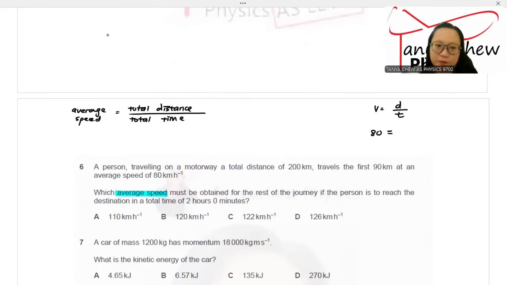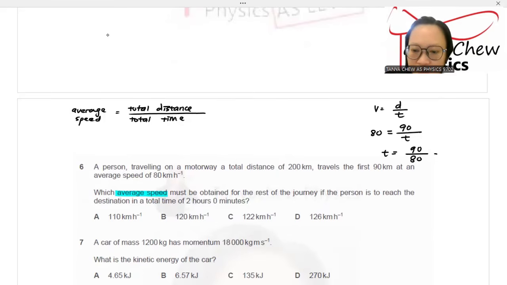I'm not going to convert to meters per second because all the choices are in kilometers per hour. Distance is 90 kilometers per time. So I have to find out the time taken to travel the 90 kilometers. So it is 90 divided by 80, and I got 1.125 hours. This is the time taken to travel 90 kilometers with the average speed of 80 kilometers per hour.